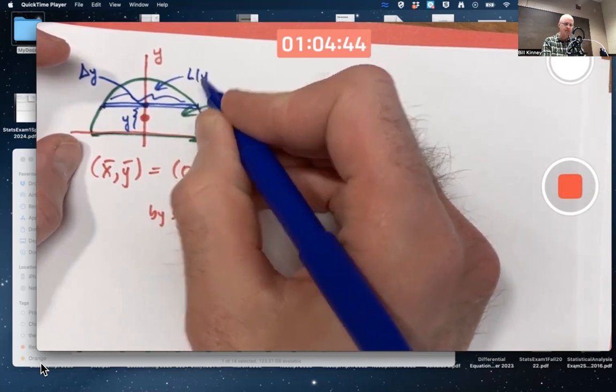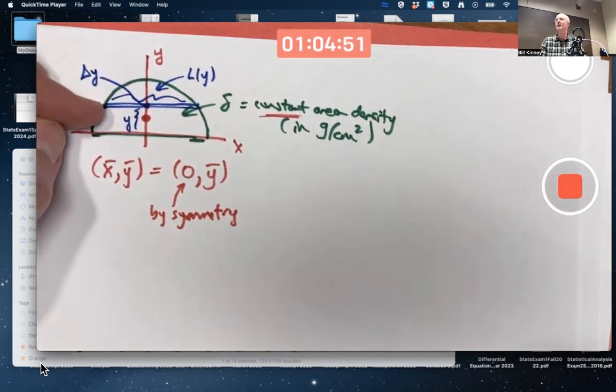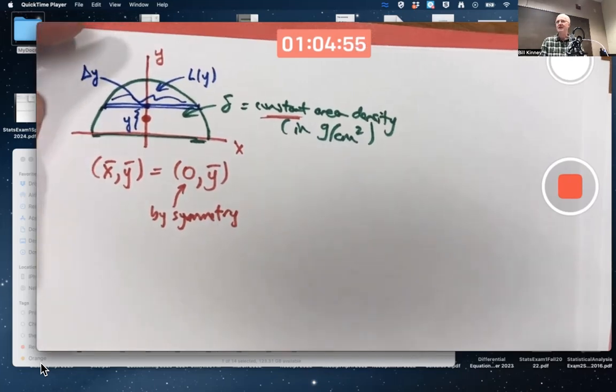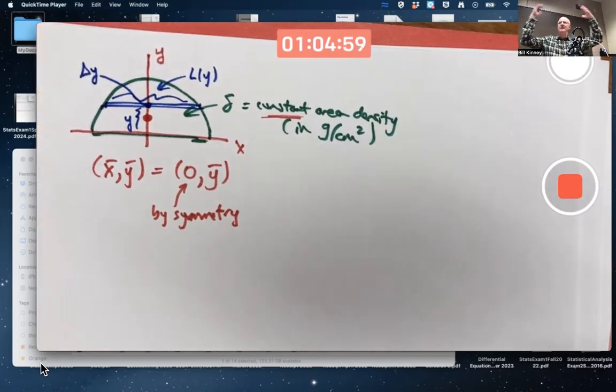L of y is not a thin rod anymore, though. Oh, well, you could pretend the thin slice is like a thin rod, but the entire thing is not a thin rod. Actually, the book calls this A of y instead of L of y because they're thinking more generally in terms of three-dimensional objects. And instead of a cross-sectional length, they're thinking cross-sectional areas. So the book calls this A of y in the reading, but it is a length.